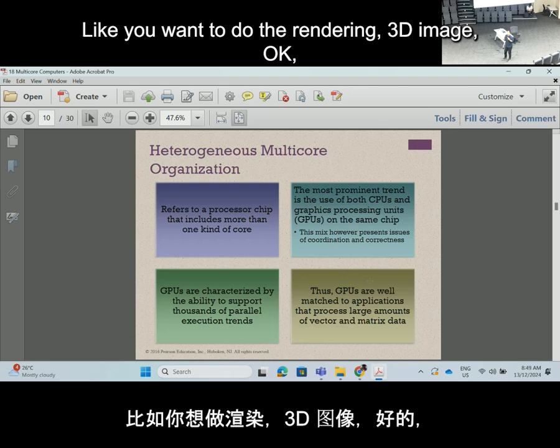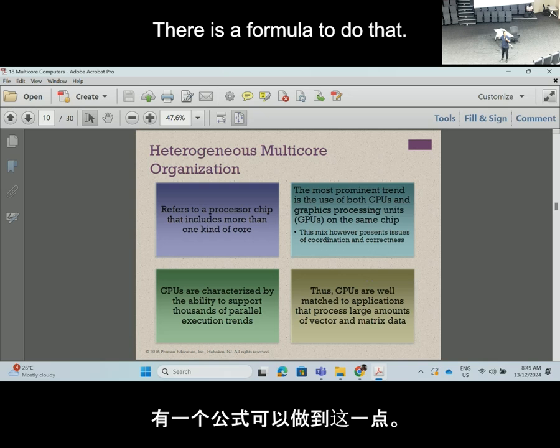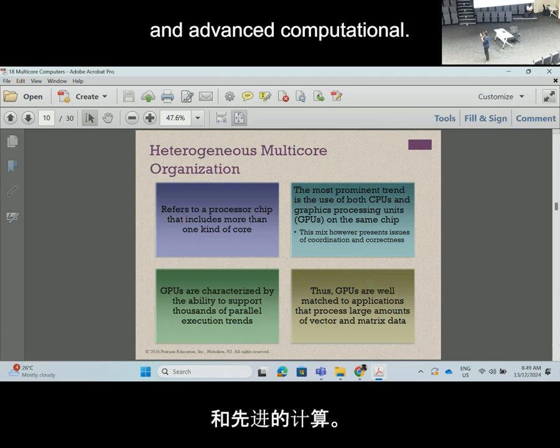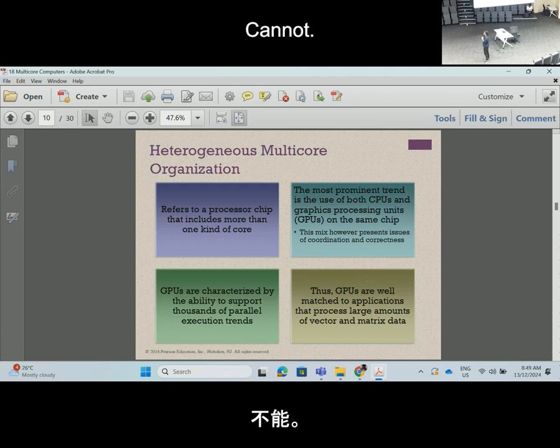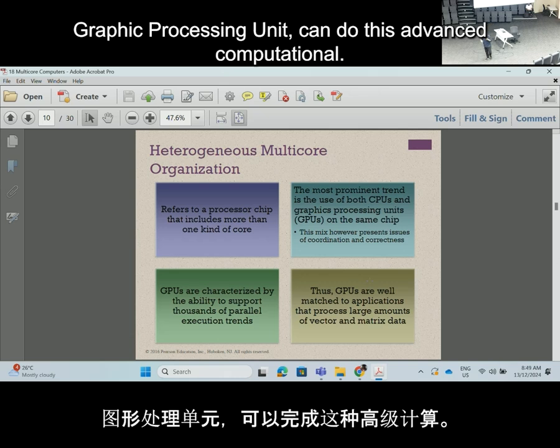Like when you want to render a 3D image that has a shadow, there is a formula to do that. So the normal CPU cannot do this exclusive and advanced computation. Only a special component, they add a GPU, graphic processing unit, can do this advanced computation.